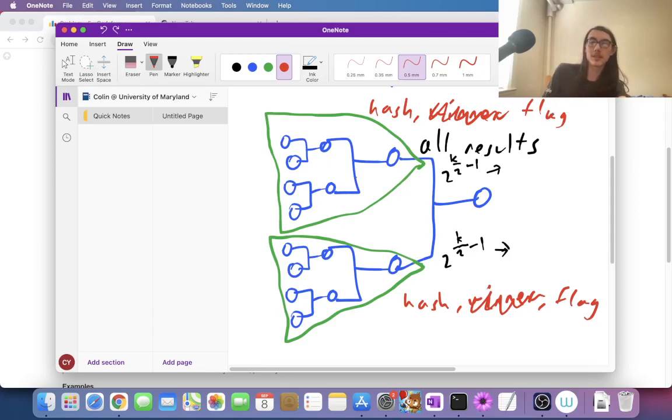Because if we know who wins the final match, like suppose the player from here will always win the final match, then we don't care about this person anymore, because now we know what they contribute to the hash. We know that their place is going to be 1, and so all we need to store here is the hash. And same for here, we know this final person's place is going to be 2, so we know what they contribute to the hash, then all we need is the hash.